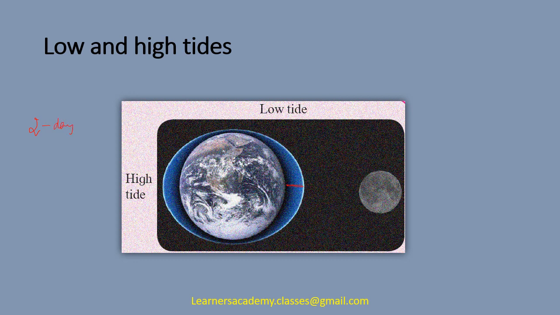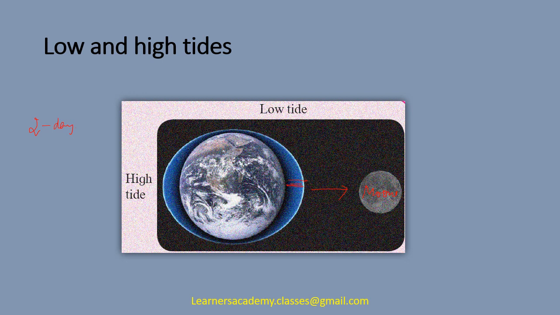Now high tide and low tide occur at different times and different places. The level of water in the sea changes because of the moon. It has gravitational force. It attracts the water towards it. Water directly under the moon gets pulled towards the moon, and the level of water there goes up, causing high tide. This becomes high tide here.